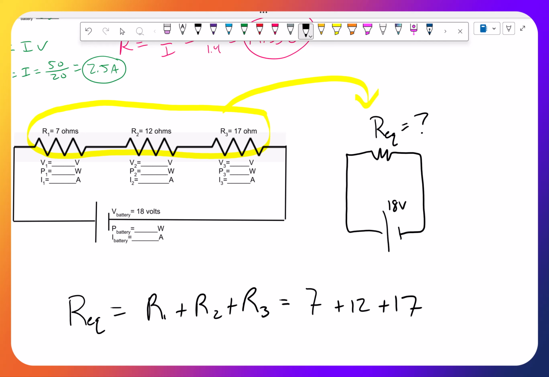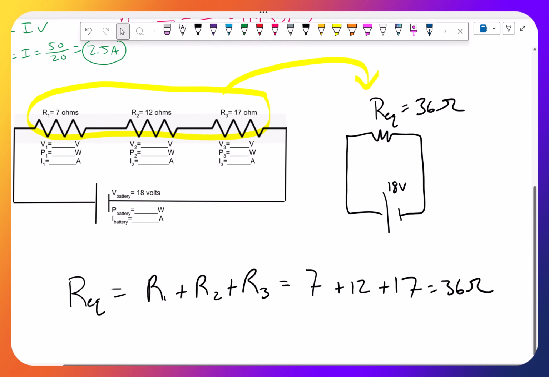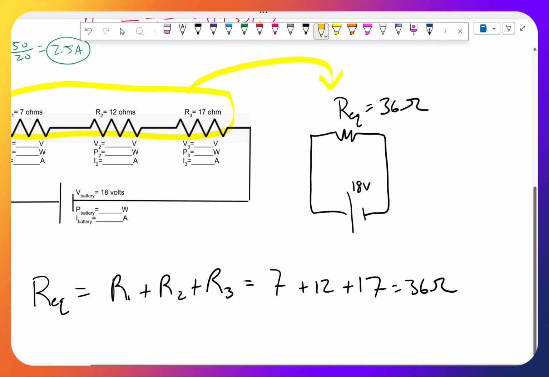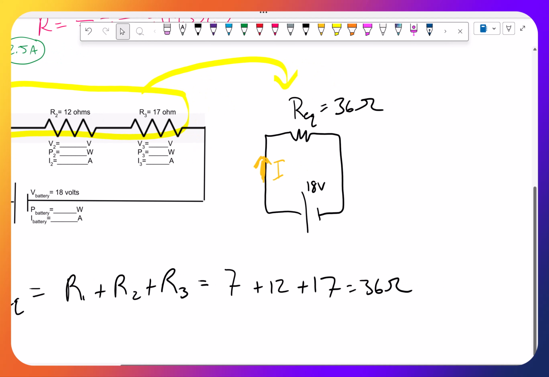So what does that become? So we got 24 plus 12 is 36. So this comes out to be 36 ohms. All right. And then basically I can say, well, then the current going through the battery is the same thing as this current right here, I, and I can find out what that current is because of Ohm's law.